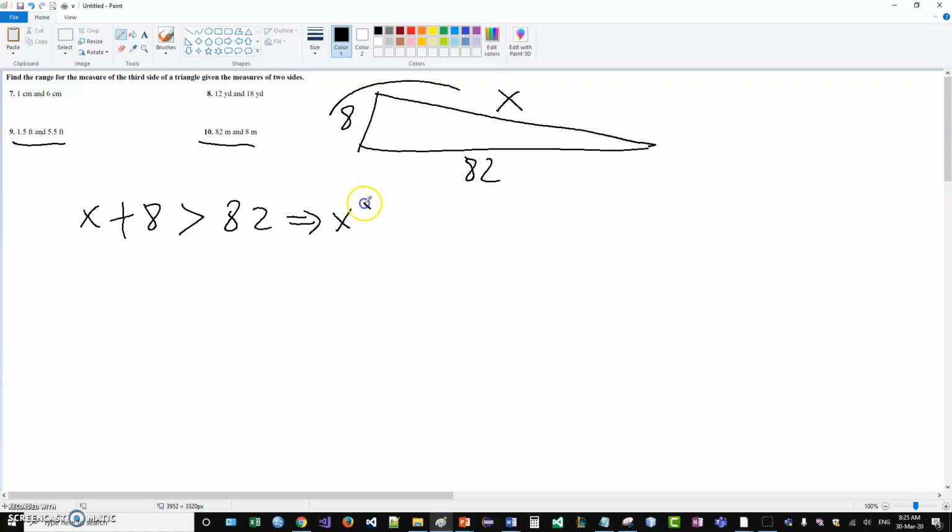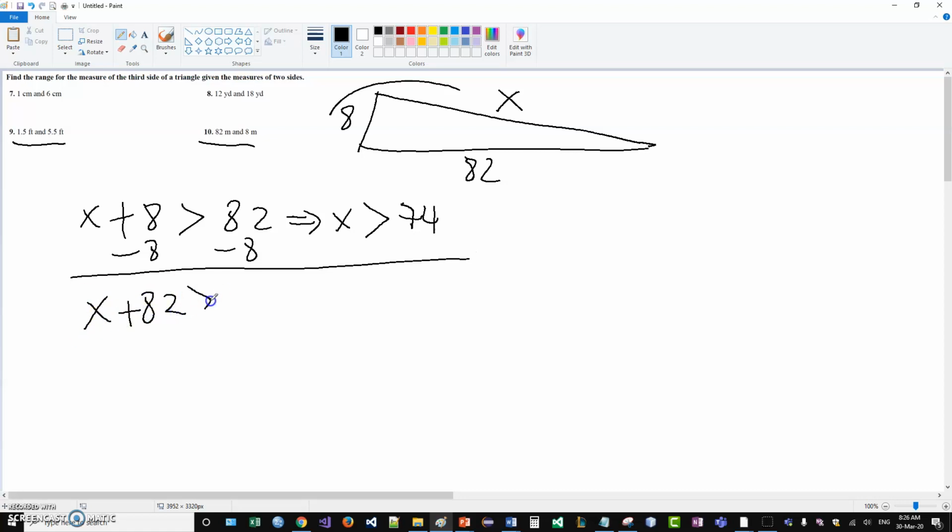That means x greater than 74. Minus 8 here, minus 8 here. Now x plus 82 should be greater than 8. That means x greater than minus 74. Why? Minus 82 here, minus 82 here, that would give us minus 74.